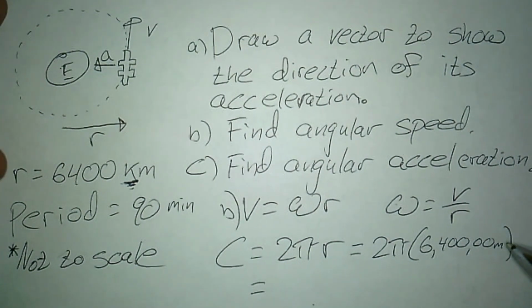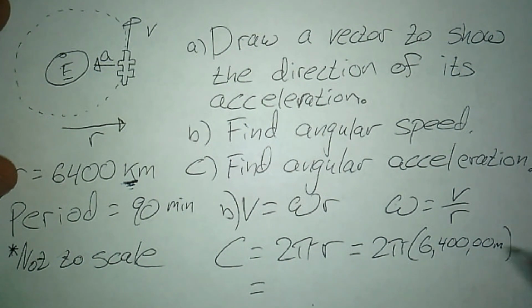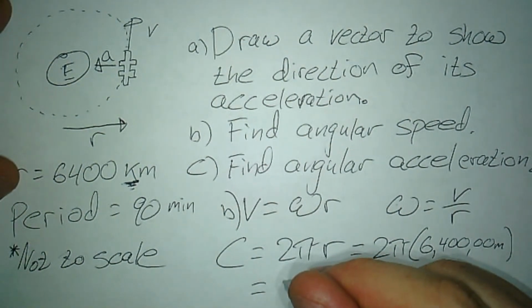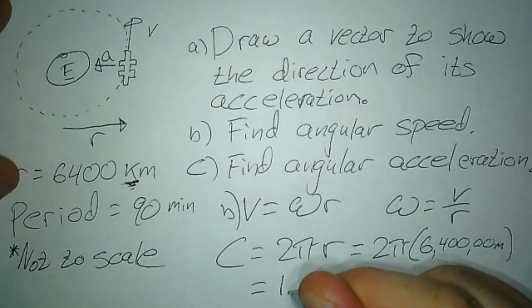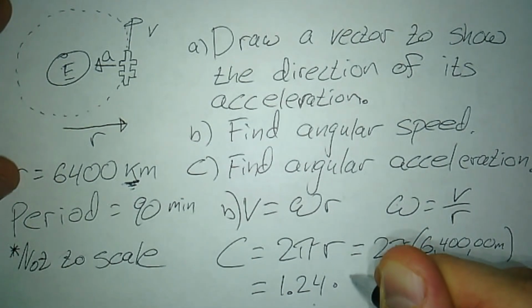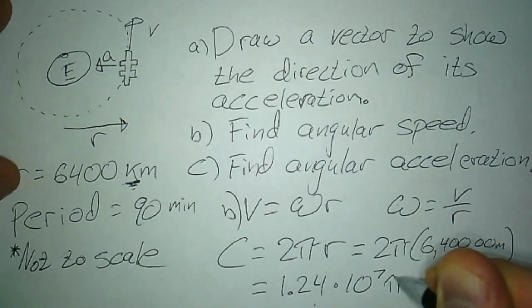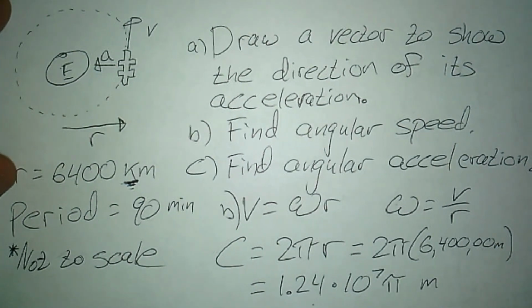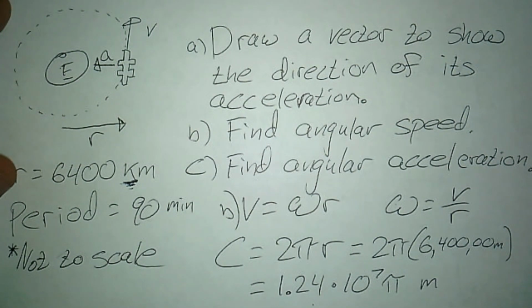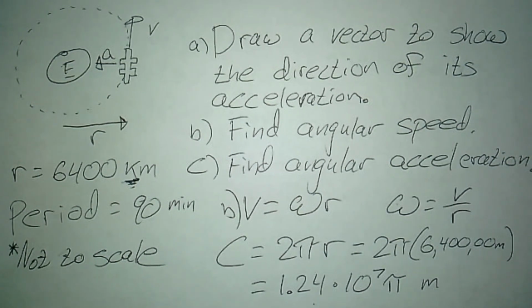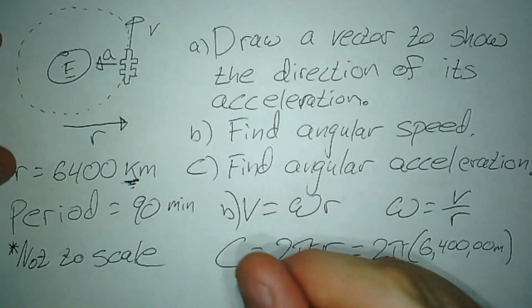If we want to put a number in for that, that's going to be 12.4 million meters. So I'm going to write this as 1.24 times 10 to the 7 times pi, and that's meters. I'm just going to leave the pi out because I don't have to do that math right now. We'll worry about it later. All right, so then that's my circumference.